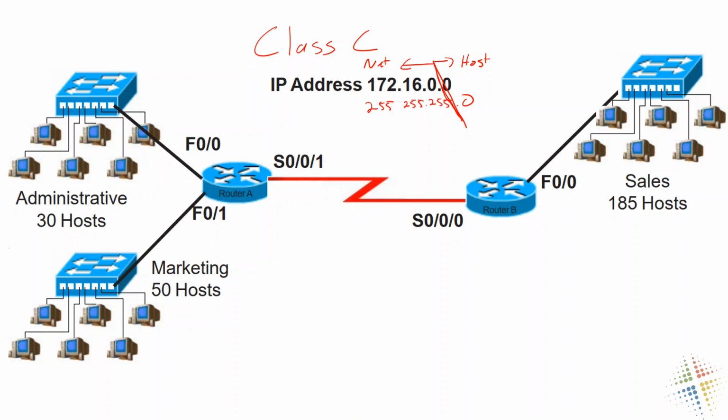So a Class C, because the break is right there at the dot, right at the final octet, makes it a very easy way for me to manage the networks. Additionally, it allows for up to 254 usable IPs. And when I look through the environment here on my diagram, no one environment is even close to 254 IPs. Possibly sales when I start accounting for growth. But I could easily do a Class C network here.